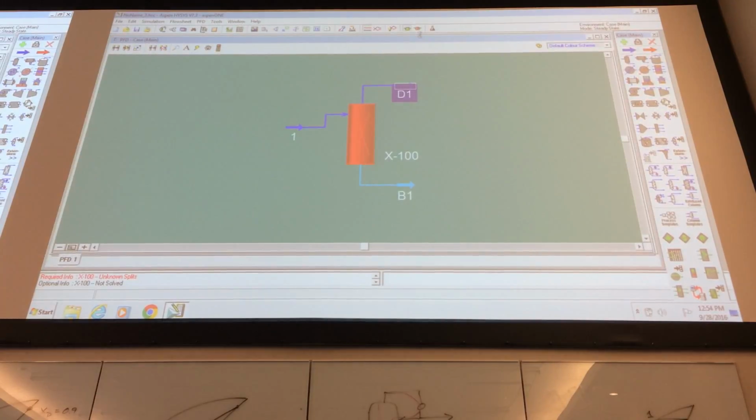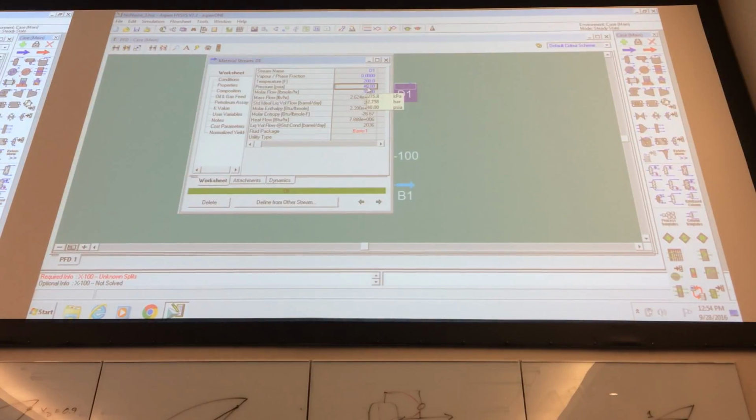So make sure that you are continuously running in solver active mode. Okay, because that is really where you catch these problems. So you see, as soon as we deleted that pressure, it actually calculated without an error showing at all. Okay, so be careful with HYSYS because it will kind of just do what you tell it to do, even though it's wrong. Okay, so check that the solver is active.